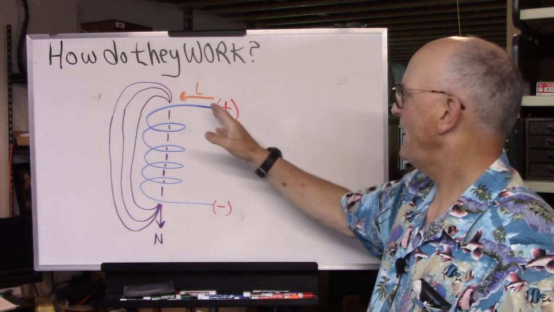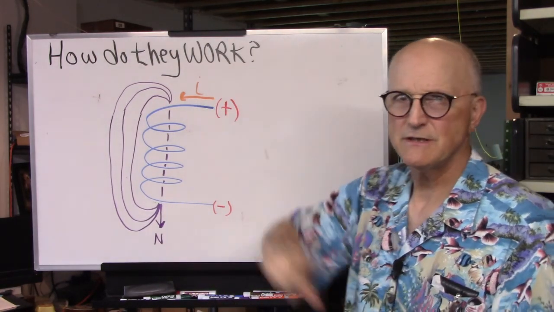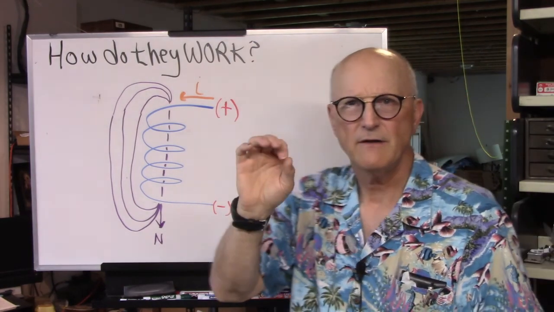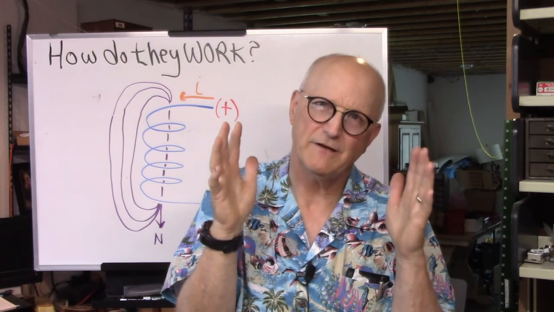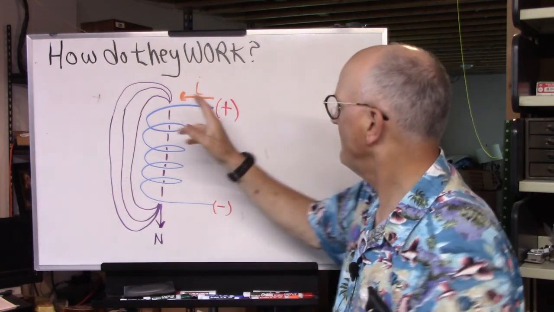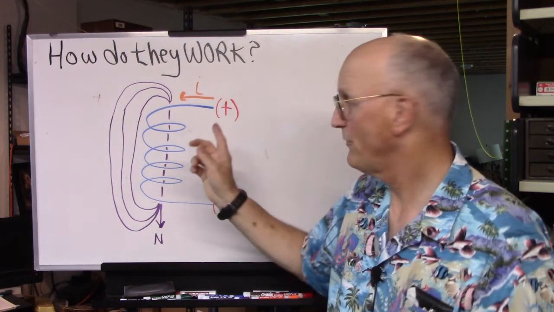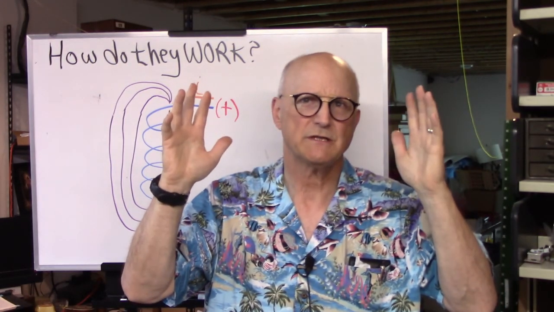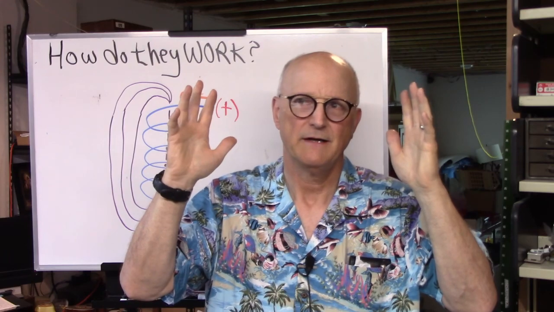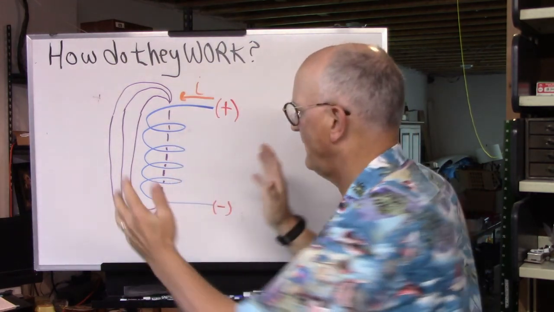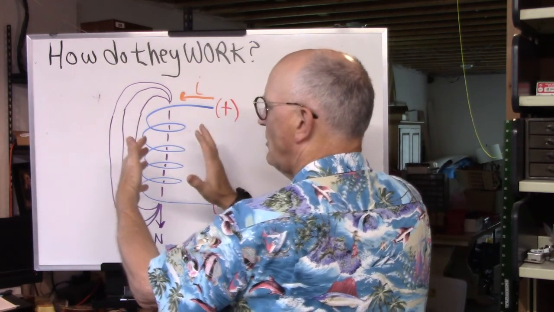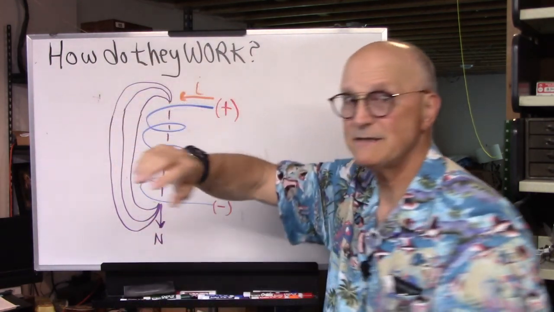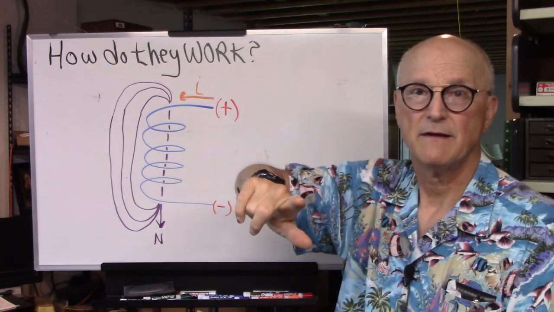Now, what happens if we start to change the current in the inductor? If the strength of the magnetic field is determined by the amount of current through the conductor, then if we reduce the current, the magnetic field is going to begin to collapse, because it's not as strong as it was.